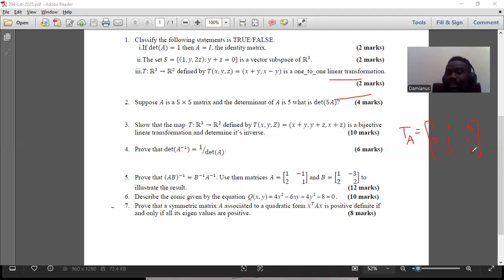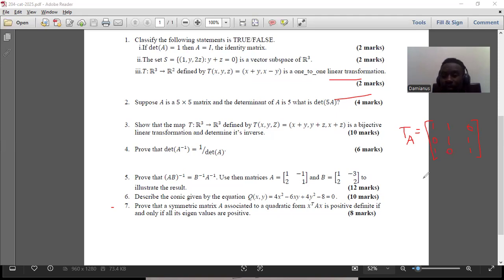So this linear transformation is represented by this matrix, because if you multiply X, Y, Z by this matrix, you get X plus Y, Y plus Z, and X plus Z.